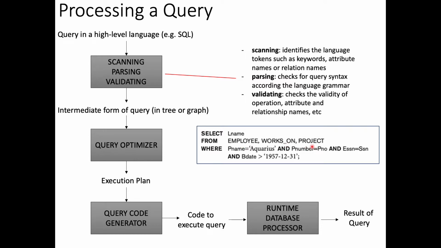So the next step is then called parsing. So parsing checks the syntax, and then validating makes sure that the tokens identified through parsing and the syntax actually make sense in terms of the validity of the operations.